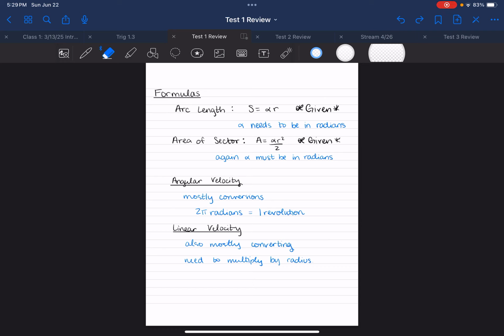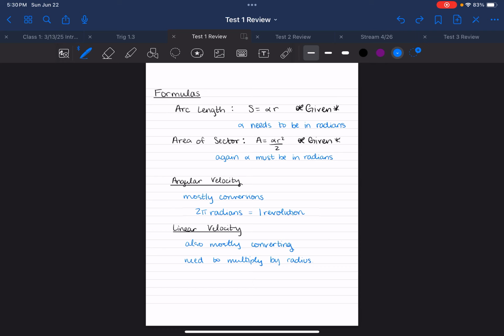Then we've got 1.3, which is angular and linear velocity. Someone did ask me to do a problem from that, so I have one written down for us to do. Really, these are mostly conversions. You're usually going to start with revolutions over some time, and then you'll multiply by this conversion here to get into radians. You'll do that for both angular and linear.